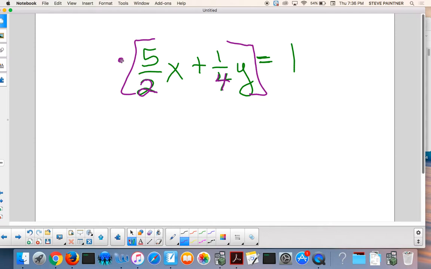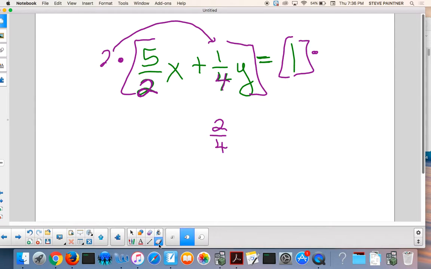You have to multiply by a number. Some of them said, just multiply by 2. And 2 is good to cancel with this 2, but 2 over here would end up giving you 2 over 4. And 2 over 4 is still a fraction, so we couldn't go with the 2. So 2 is not good enough.